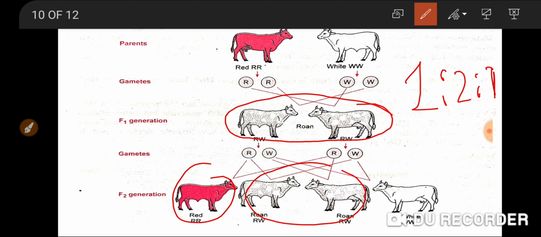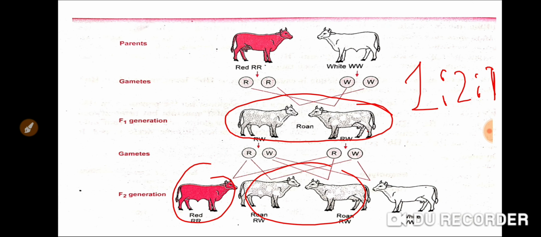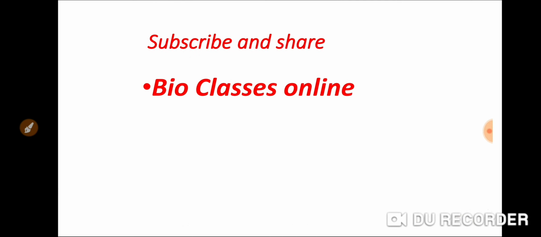So again we are getting the 1:2:1 ratio. So when codominant alleles present in the heterozygous condition are allowed to cross with one another, the F2 generation ratio in codominant alleles is 1:2:1.